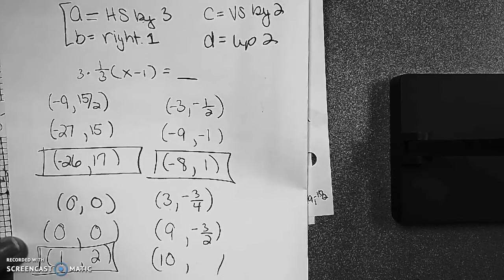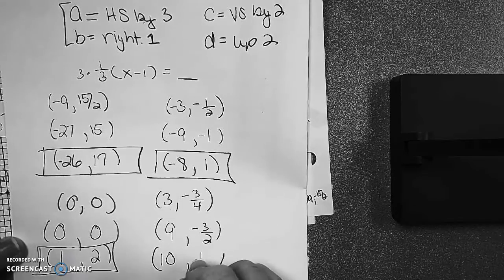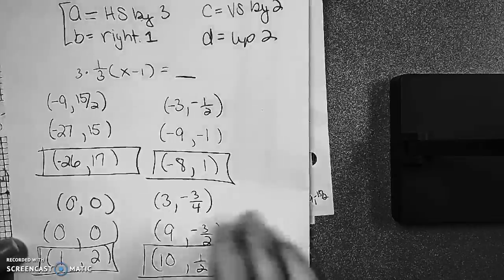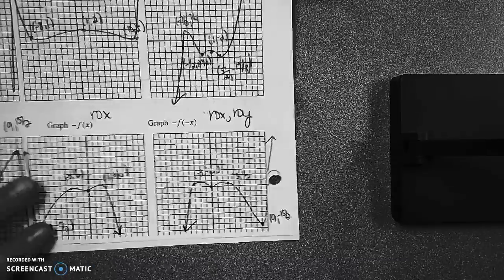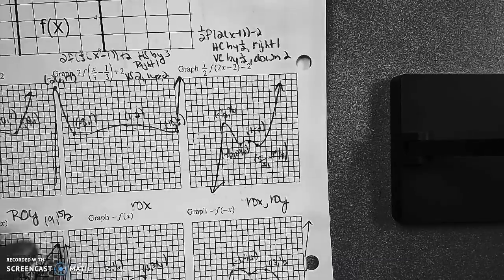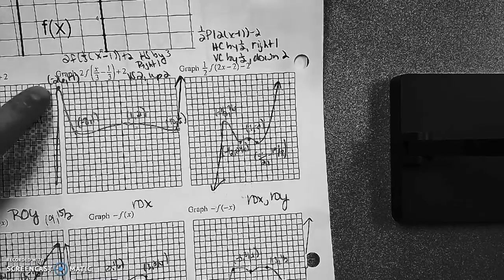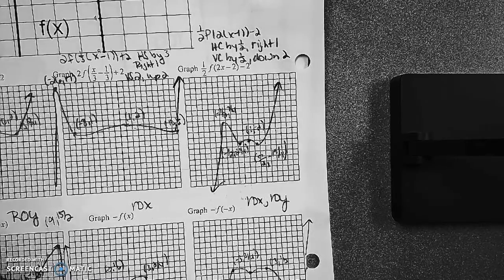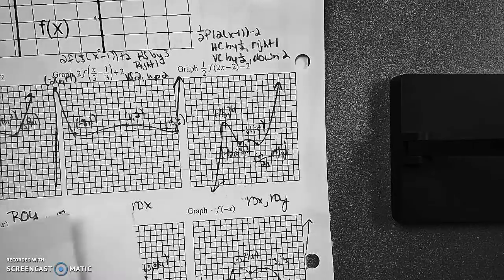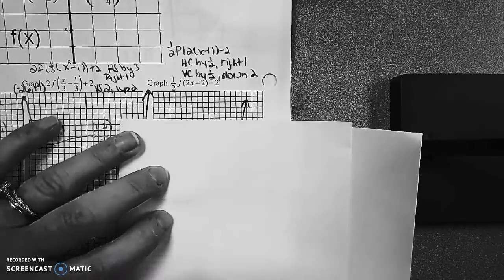And then -3/2 up 2 is +1/2. And then none of the shape is really changing, so that's how I end up getting the rest of the graph. And yes, I didn't label all the way out to -27. That's okay.